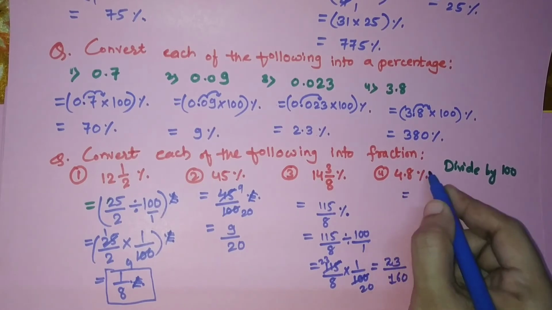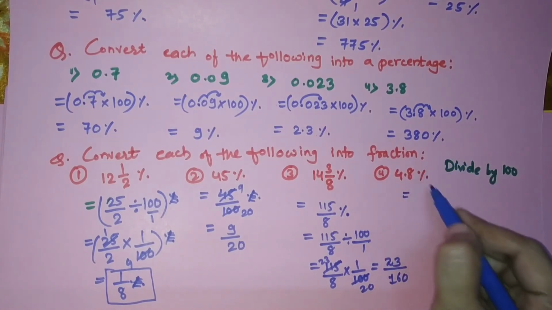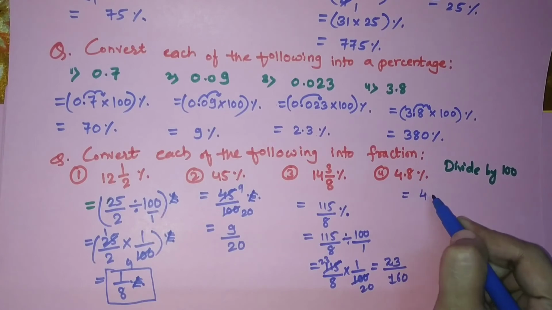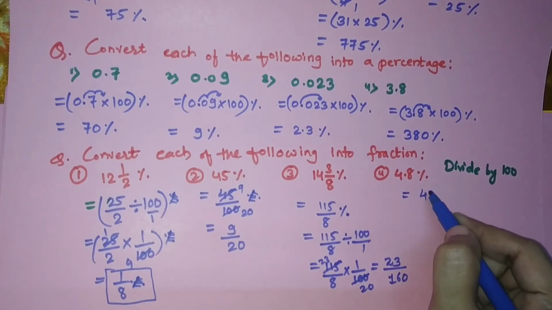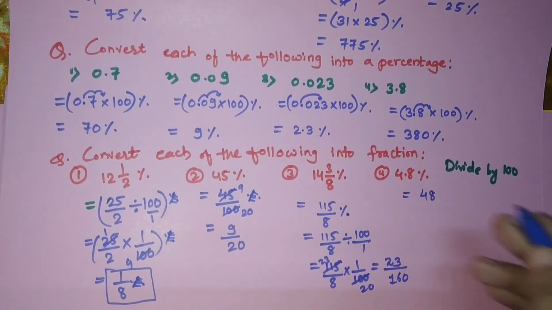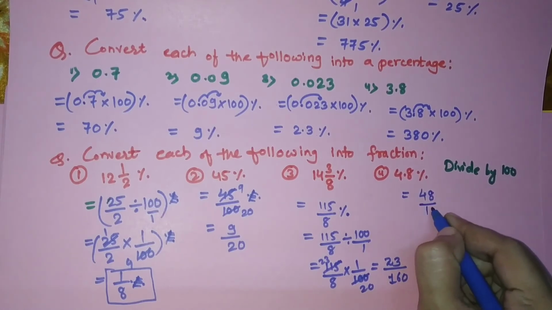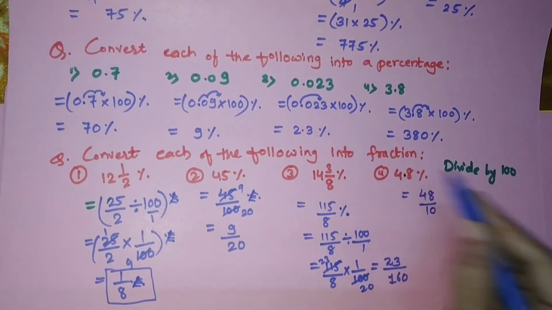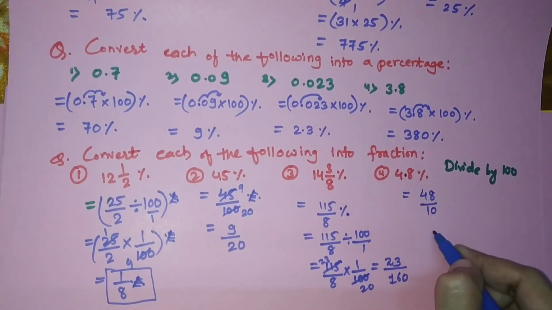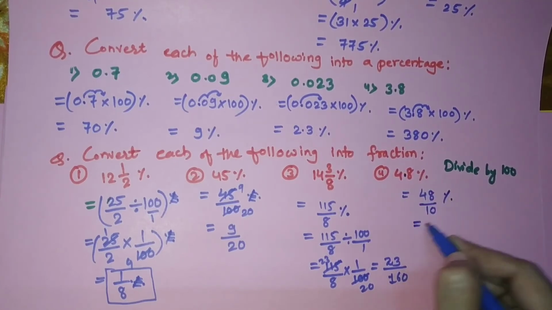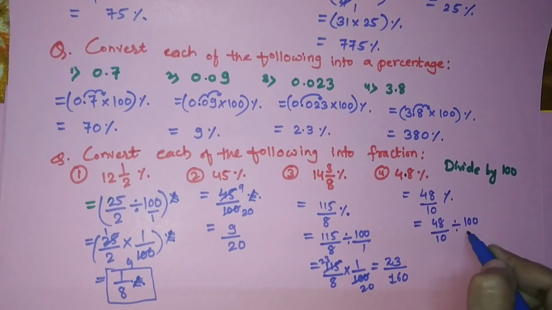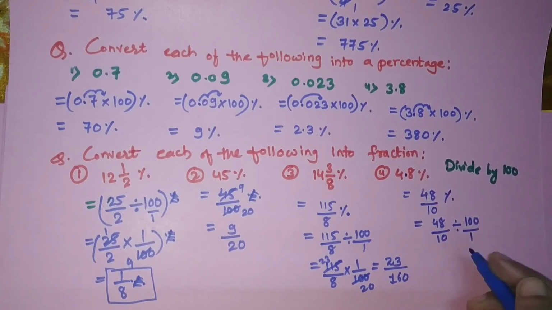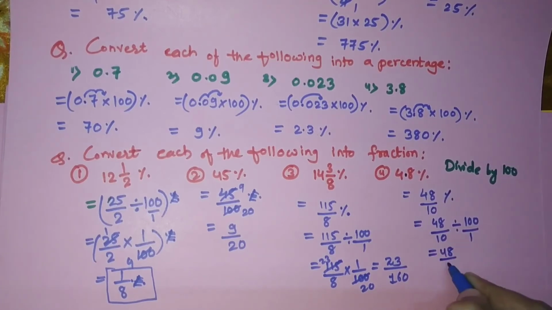So now 4.8. First of all, I can write it as 4.8%. That means the percent sign you need to remove. So I'll remove it. I'll write 48/10. First of all, this decimal I am writing as 48/10. Now friends, I'll convert it into a fraction. So 48/10, I need to divide it by 100. 100 I can take as 100 by 1.